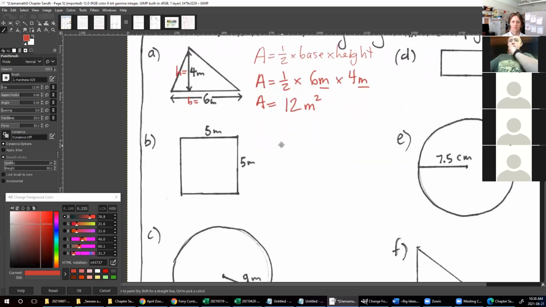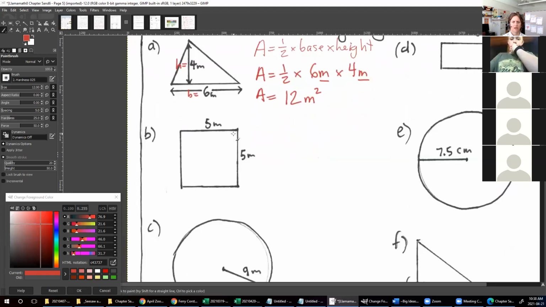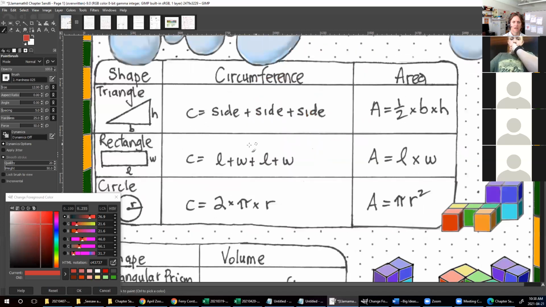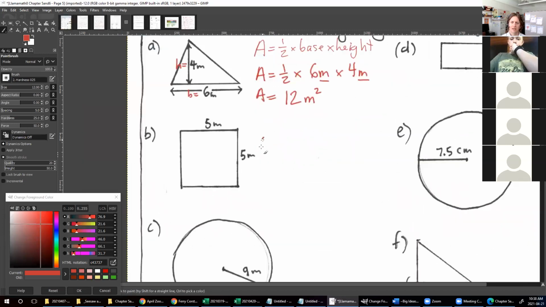Okay, let's go on to the next one here. We have a square that's 5 by 5. So if we look here, rectangle and a square, they're exactly the same. Area is length times width. So I'm going to write that in here. Area equals length times width. Let's call this width.